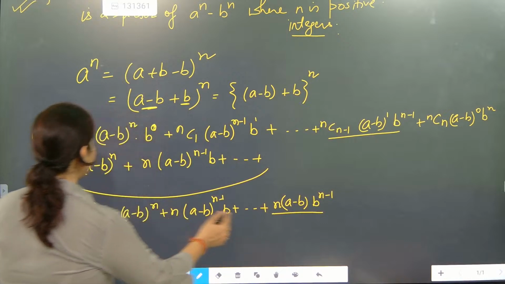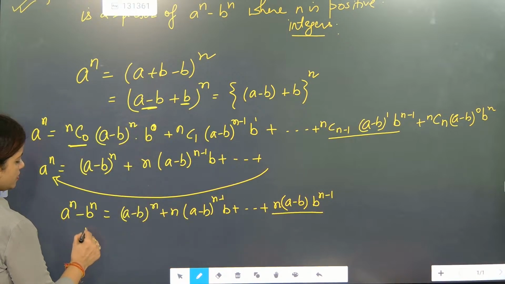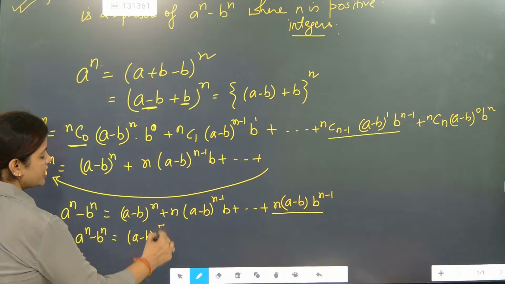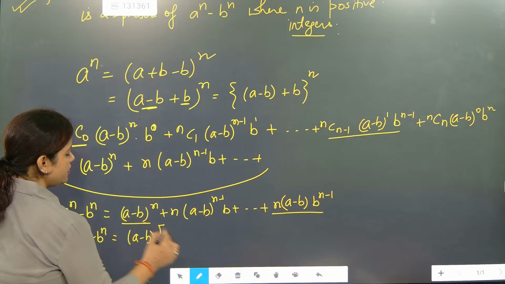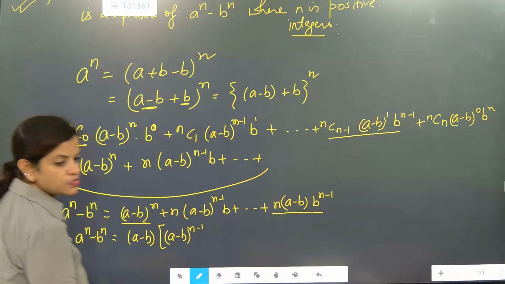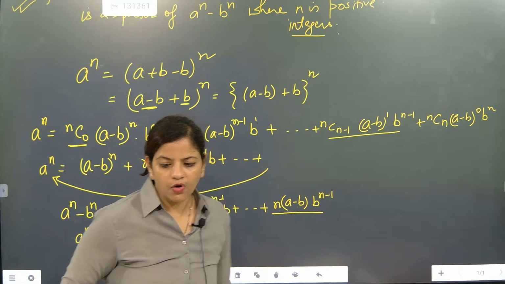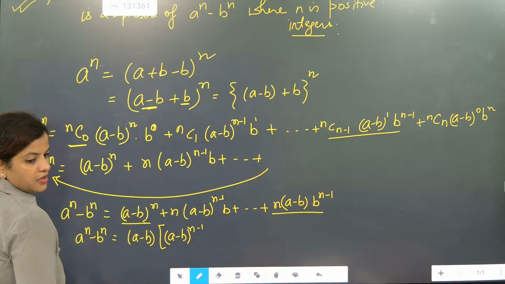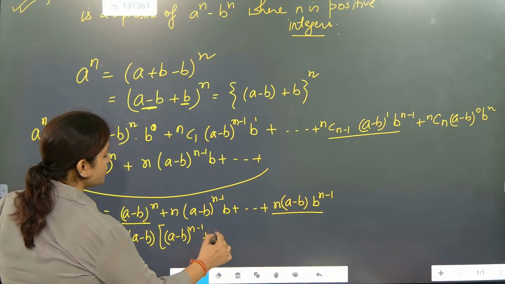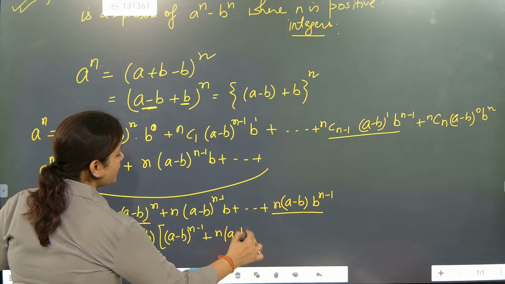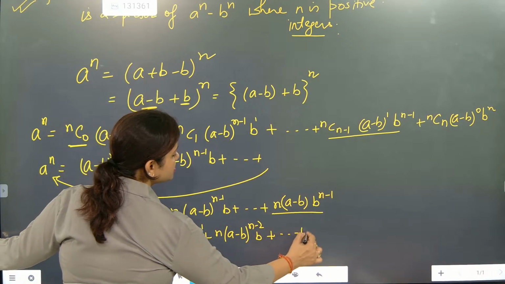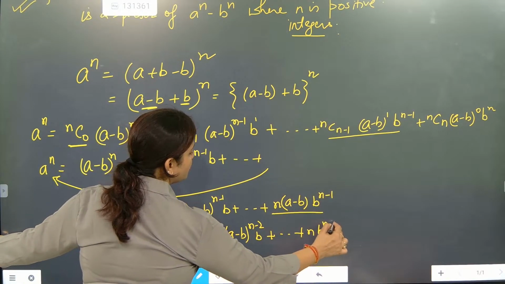Now from all the terms, we can take out a minus b. If we take out a minus b, this term will become (a minus b) to the power n minus 1, because one factor has been taken out. Yes, we are focusing on NCERT only. Now here it is coming as n(a minus b) to the power n minus 2 into b, and the last term will become n times b to the power n minus 1.